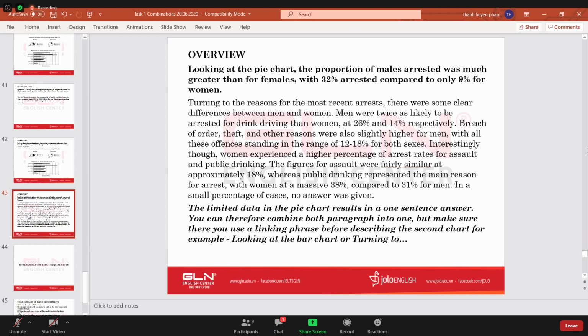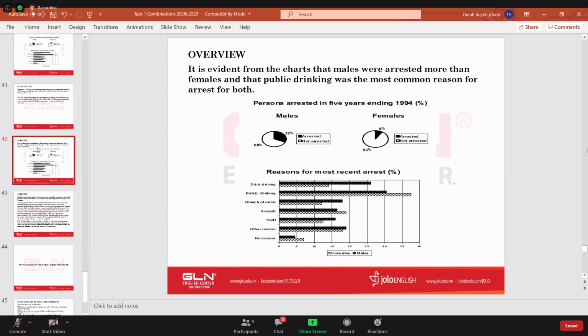So turning to the reasons for the most recent arrests, there were some clear differences. I think we've lost the overview from the slide. Oh, there we are, overview. Yeah, so overview, it is evident from the charts that males were arrested more than females, and that public drinking was the most common reason for arrests for both.